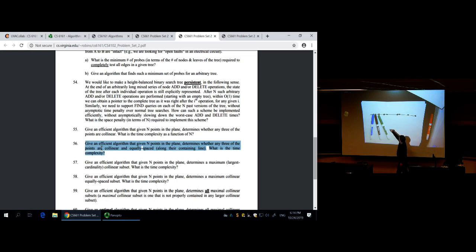So if the first pair of points is closer than the second pair, then what? This is not equally spaced. Everything's linear, so I don't have to worry about collinearity. It's not equally spaced. So we move the second pointer here, the third pointer there. And now it may be equally spaced.